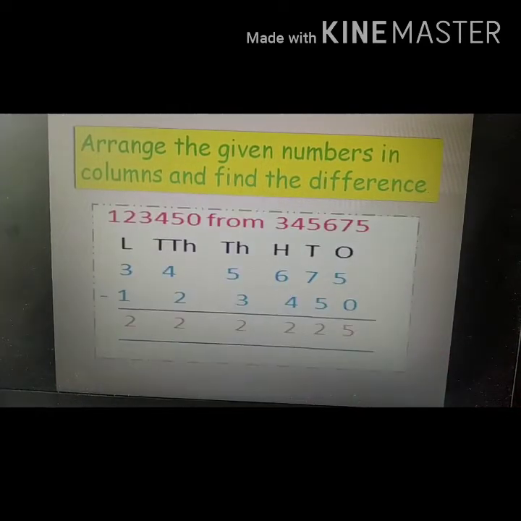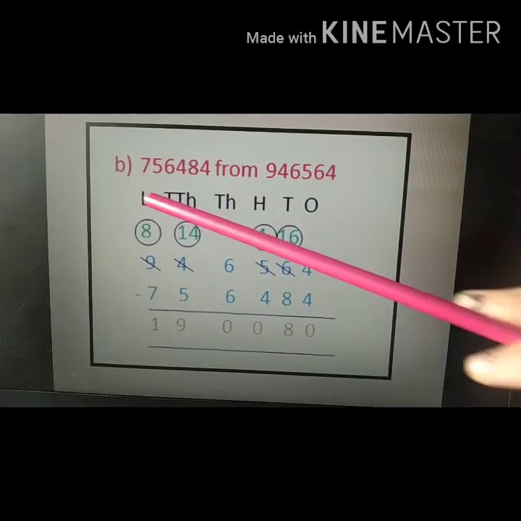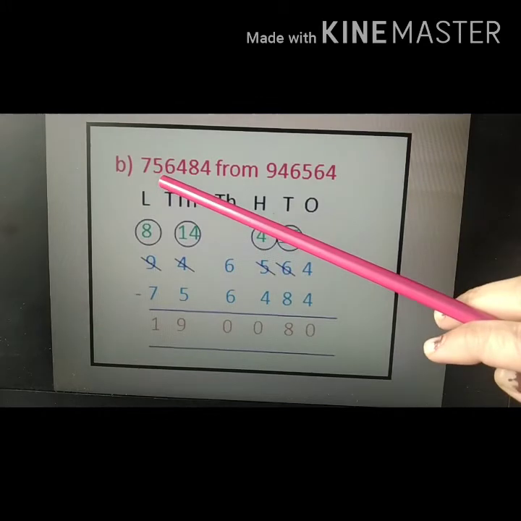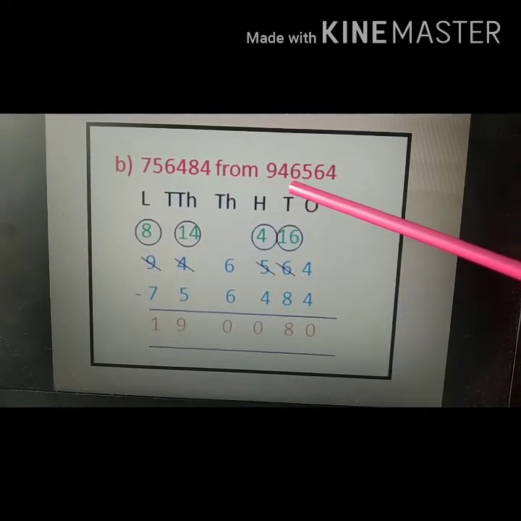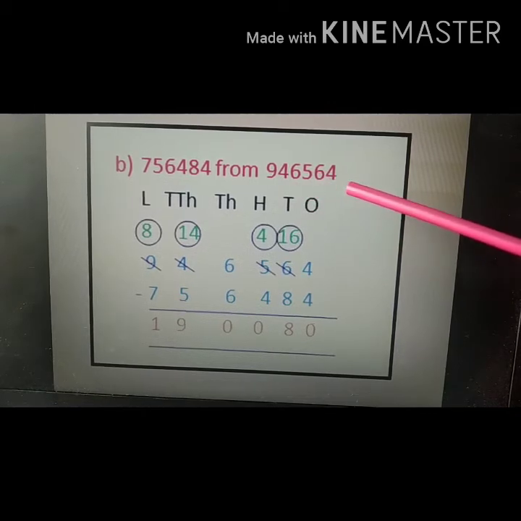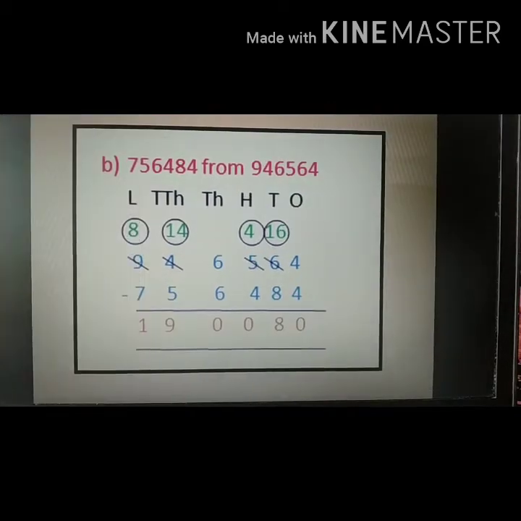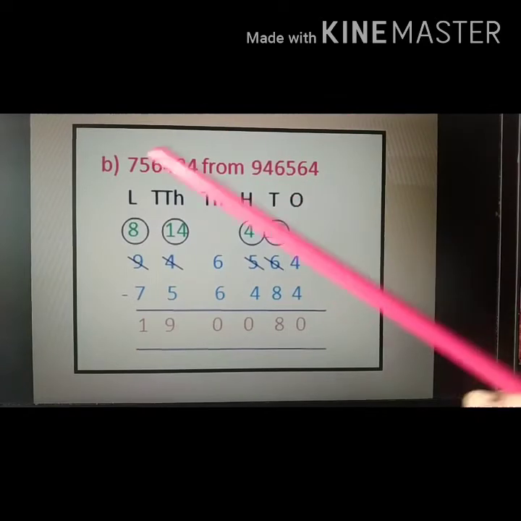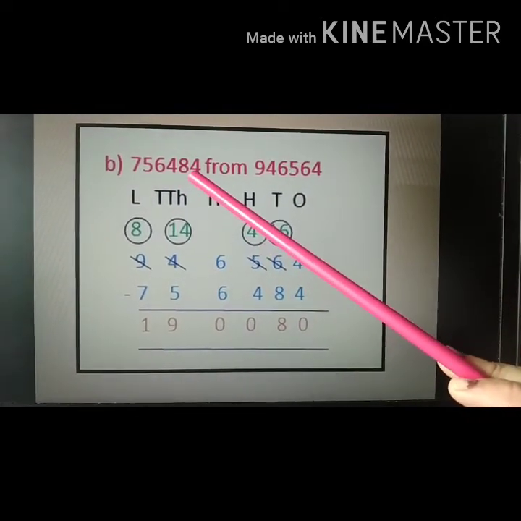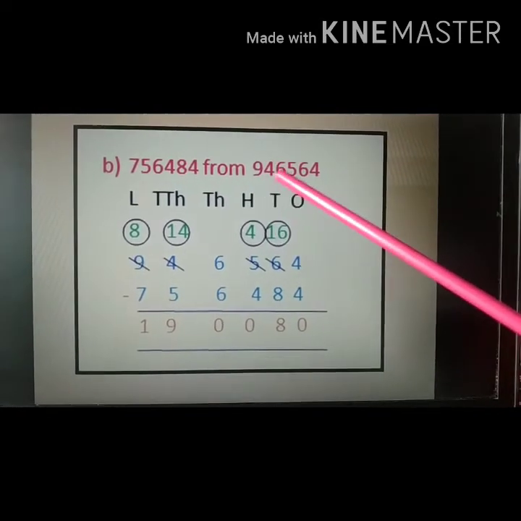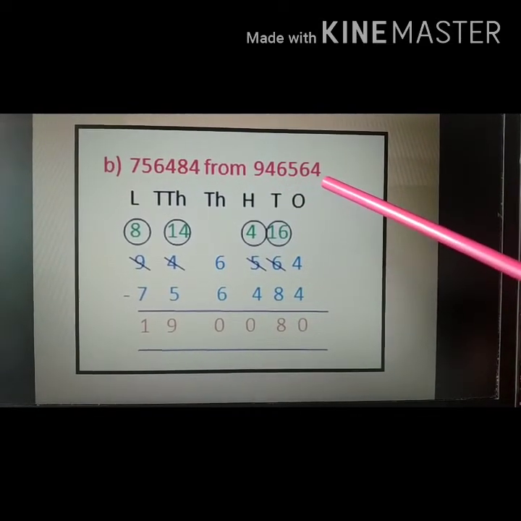So next is one more example we can take. We are having 7,56,484 from 9,46,564. So now we are having 7,56,484 from 9,46,564.